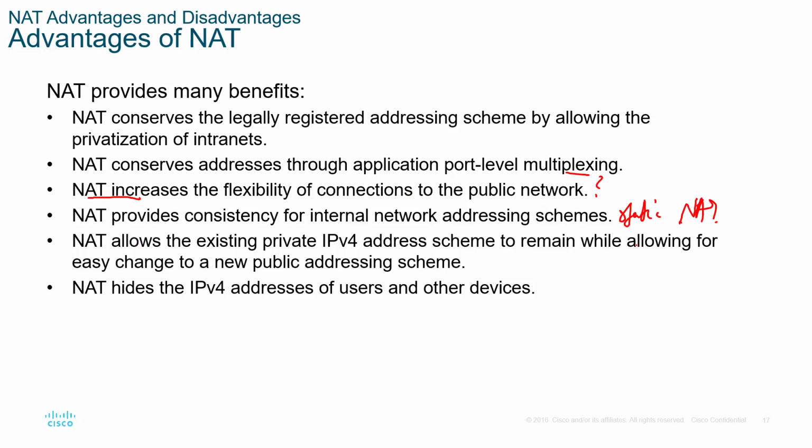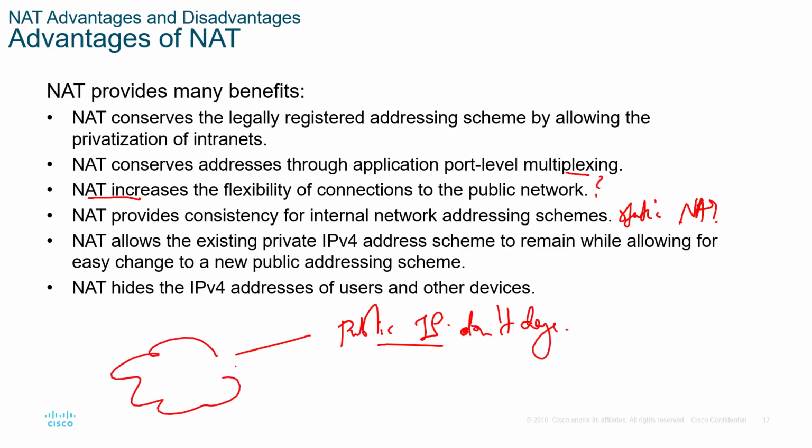Okay, so basically, if I have a public IP, this can remain the same, don't change. Meanwhile, within my network, I can change everything here, but my public IP address will still remain the same. I think that is what they are speaking of here.